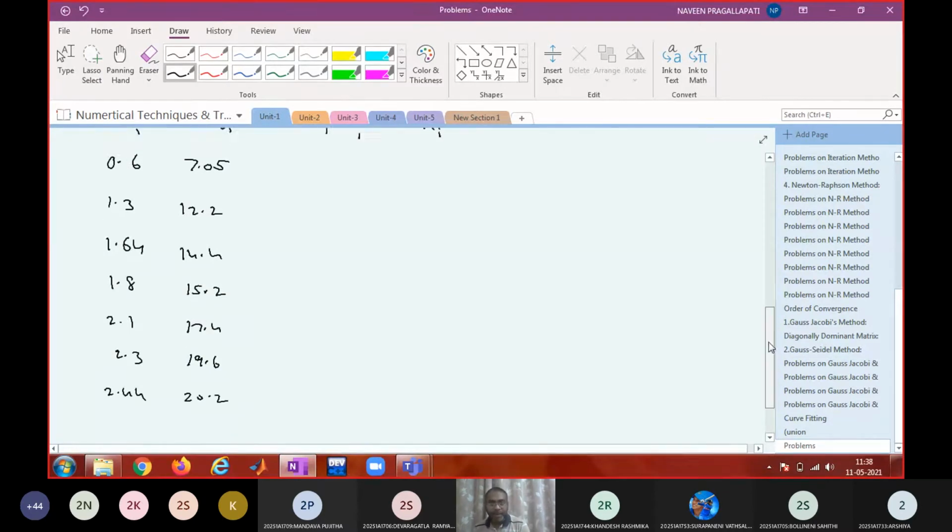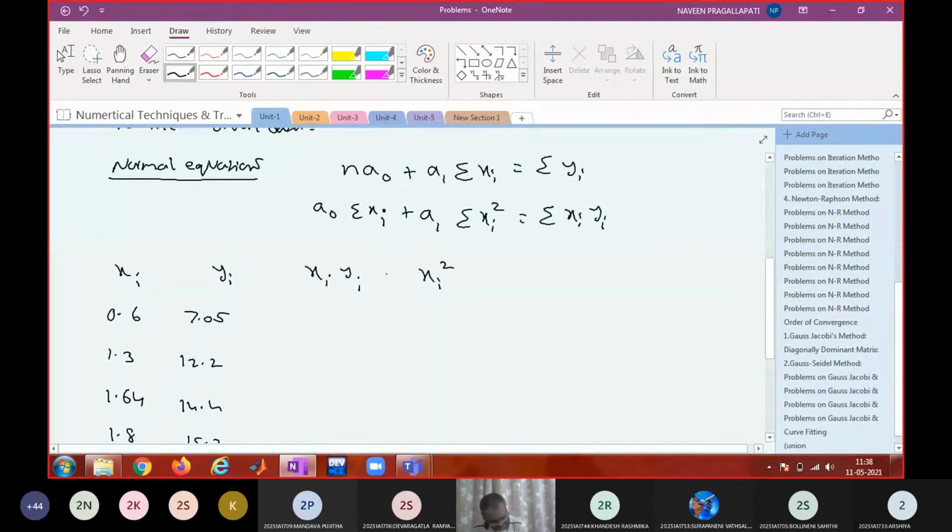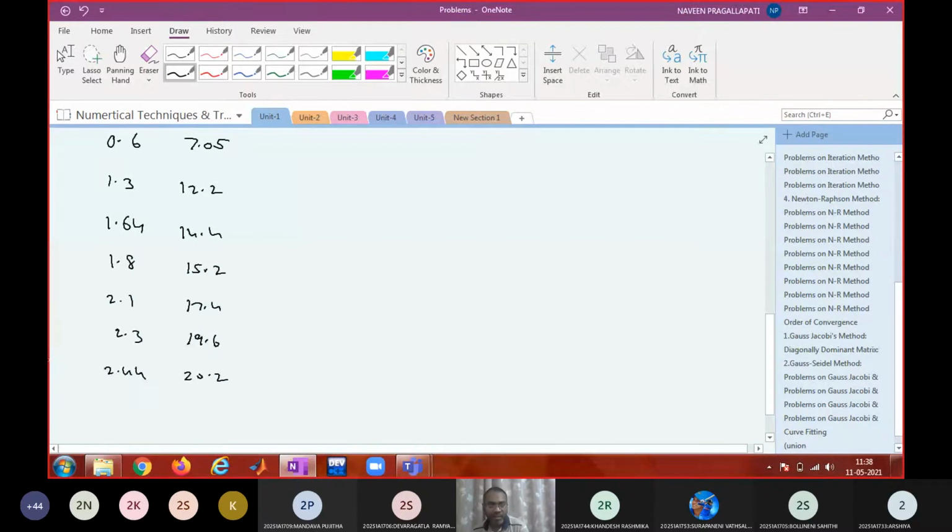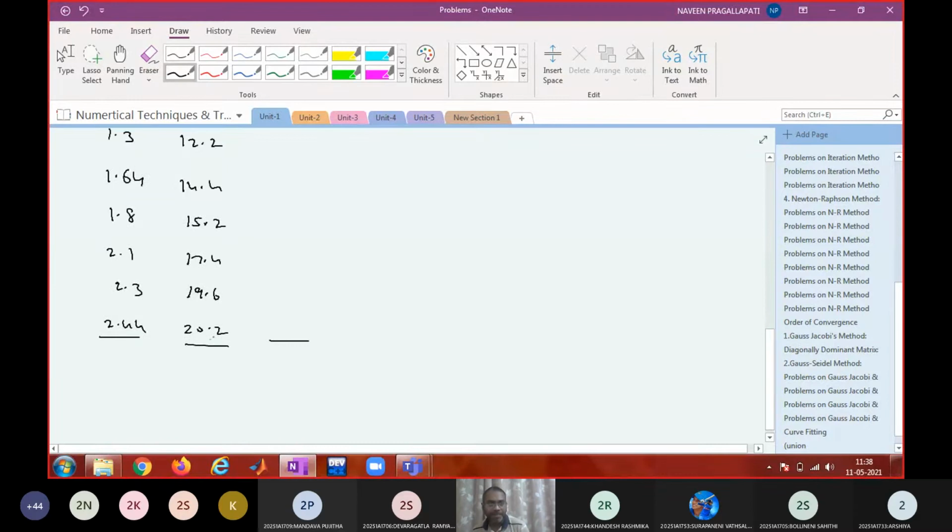Okay. Find out xi yi and xi square. Take the column sum.